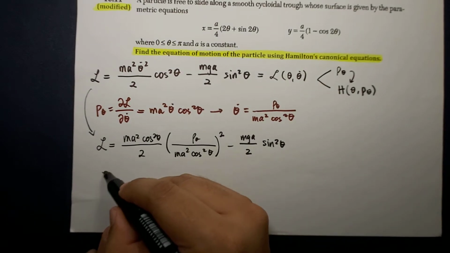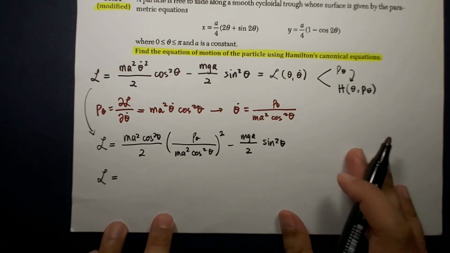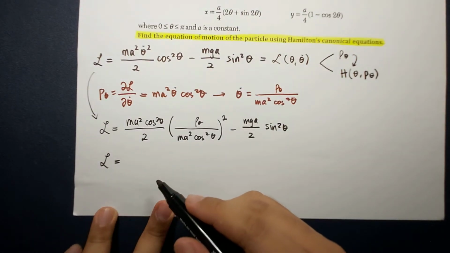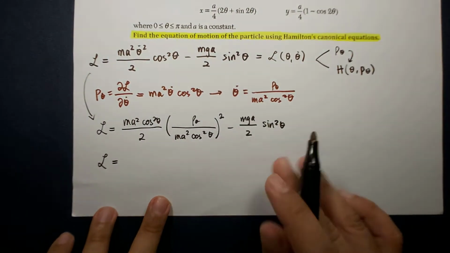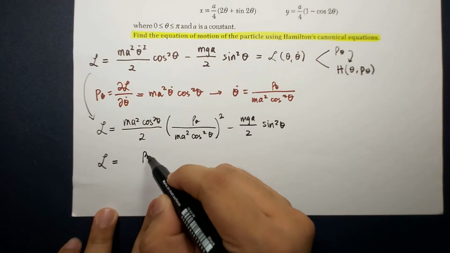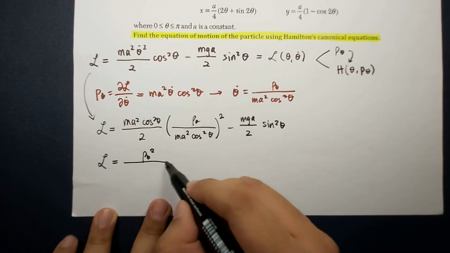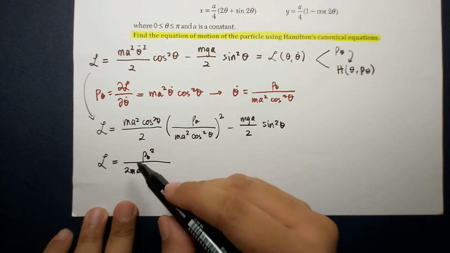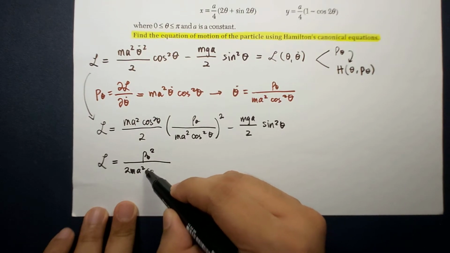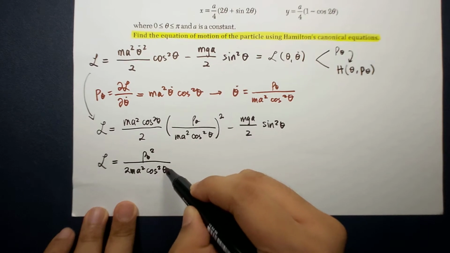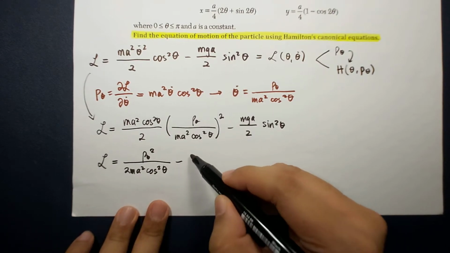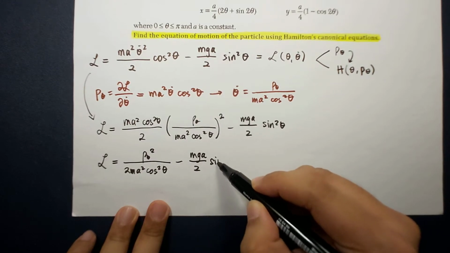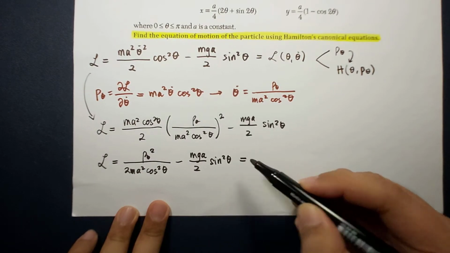L is now equal to p theta squared over 2 m a squared cosine squared theta minus mga over 2 sine squared theta.